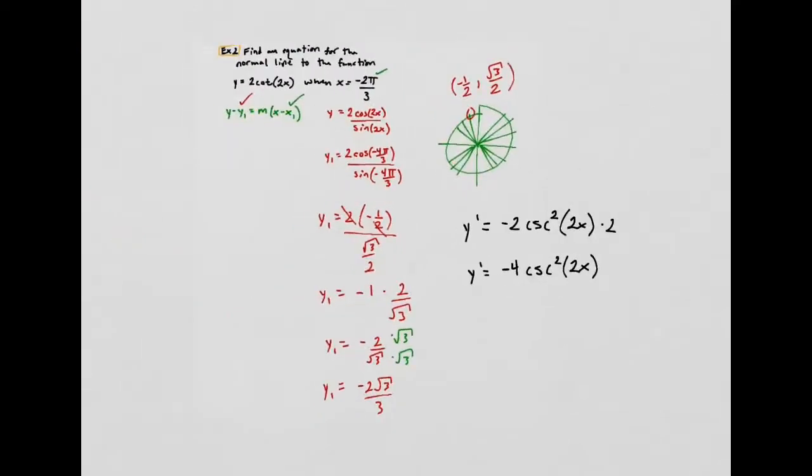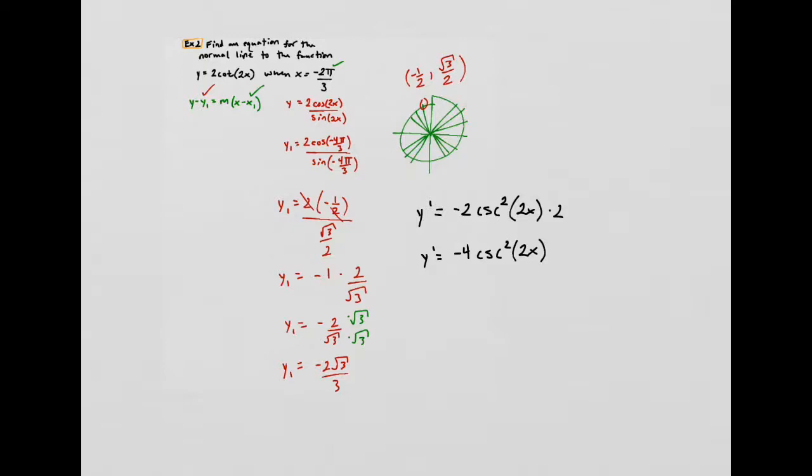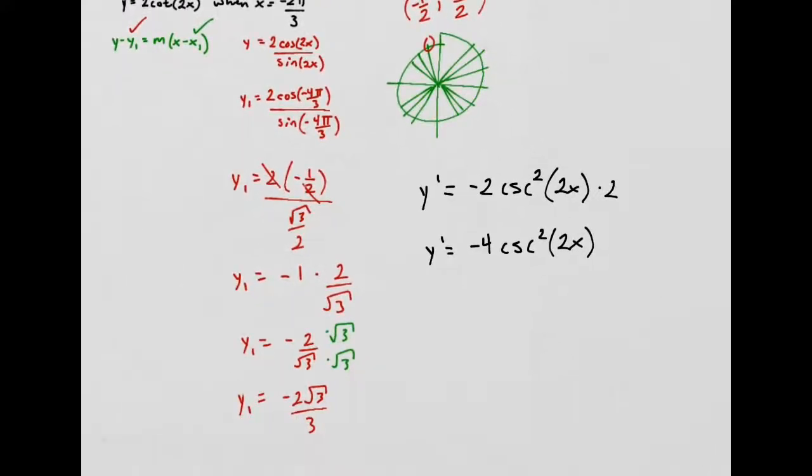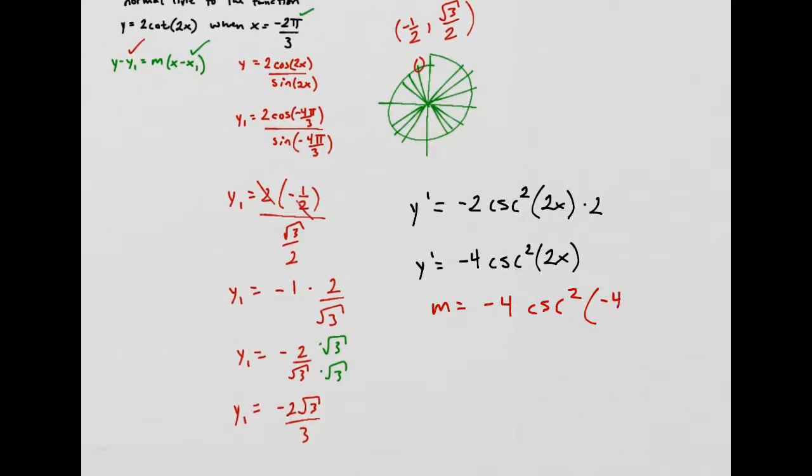And then I'm not going to record it, but I need to figure out the slope when x equals negative 2 pi over 3. So I'll plug in negative 2 pi over 3. So my m value, the m that I want, is going to be negative 4 times cosecant squared of negative 4 pi over 3, right?